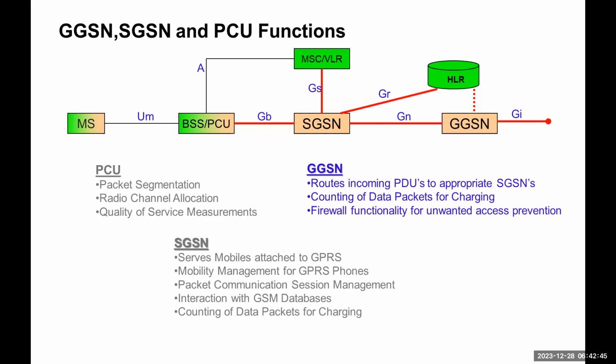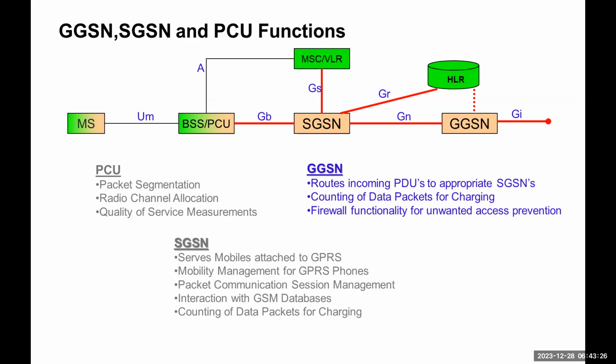The SGSN also interacts with the GSM databases like HLR, VLR, AUC to achieve the mobility management functions and get subscription information to offer the desired service to the mobile station. What are the mobility management functions? Like paging, routing area update. These are the main mobility management functions. Other than mobility management functions, it also handles session management.